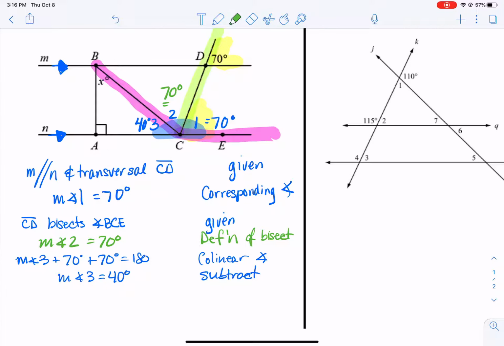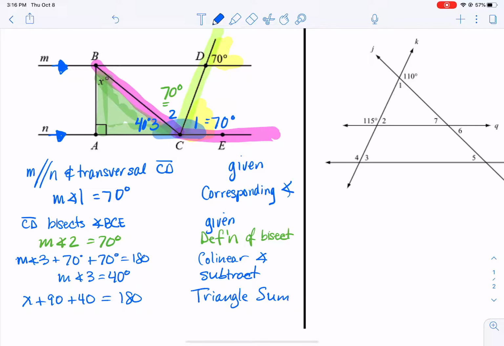Now, I know that this shape is a triangle, so I can say that x plus 90 plus 40 equals 180, because I know that the angles in a triangle equal 180, and that's called triangle sum theorem. I know this right square means that this is a 90-degree angle.